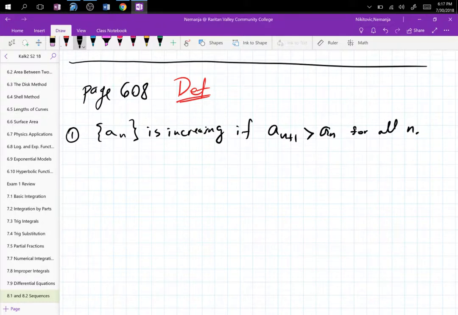Well, it had better be increasing if the next term is bigger than the previous term. So if whatever is constantly growing, getting larger, the latest point you're computing is at a higher level, higher elevation, than the old point.